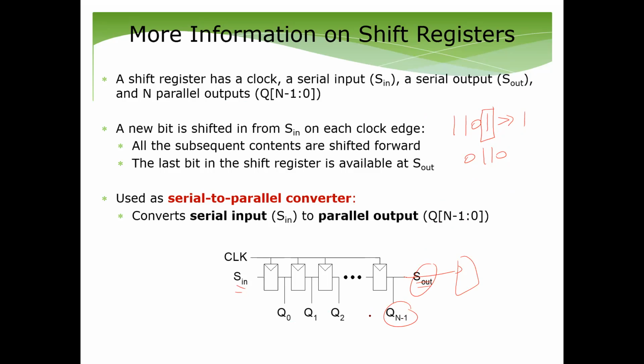Is it shift right or shift left? If serial in is coming to Q0, this is a shift left operation. So this will be the most significant bit of your register.